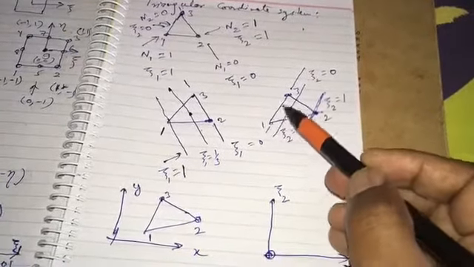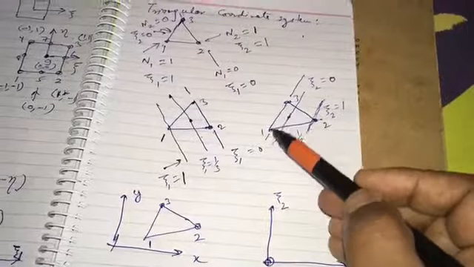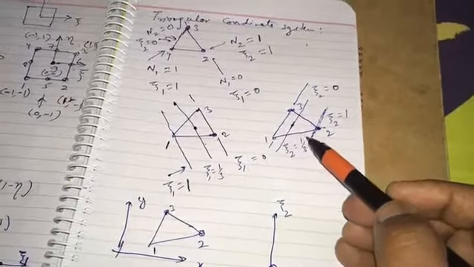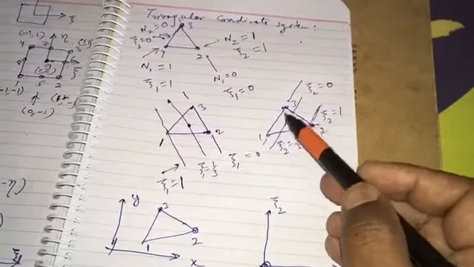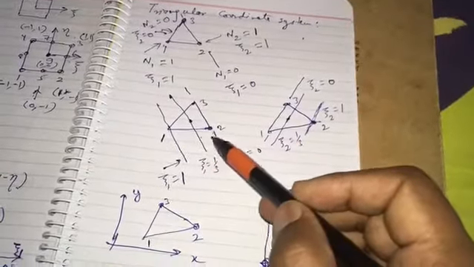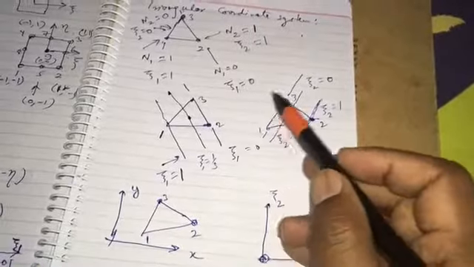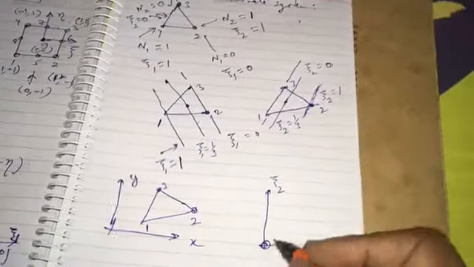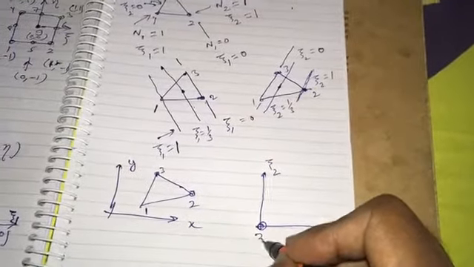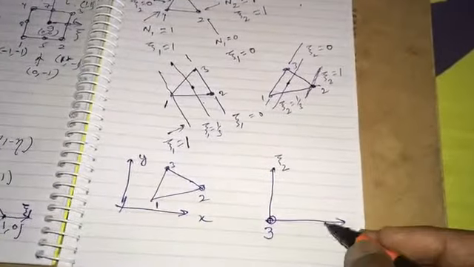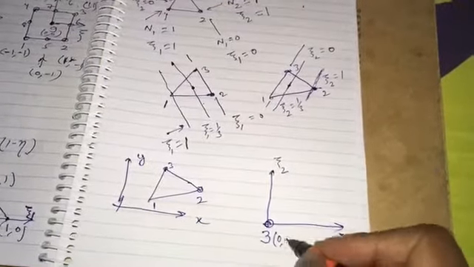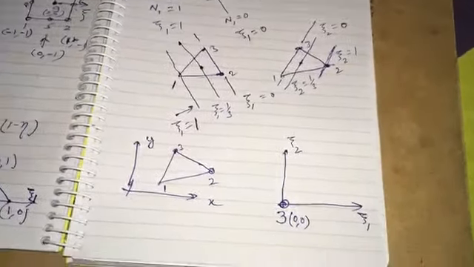Xi1 is 0 at line 1 3. Xi2 is 0 at 1 3, and xi1 is also 0 at 2 3. So 3 is common. So it looks like point 3 will be the origin because it has both xi1 equal to 0 and xi2 equal to 0.